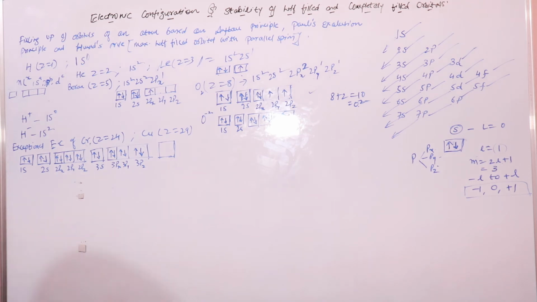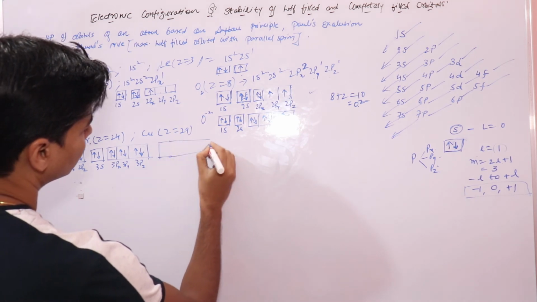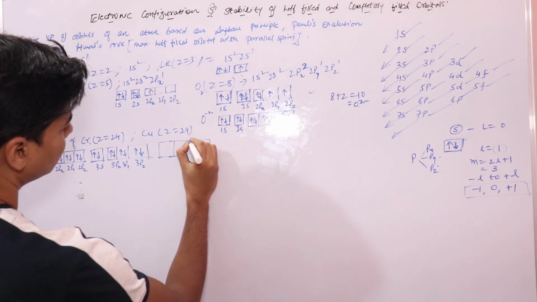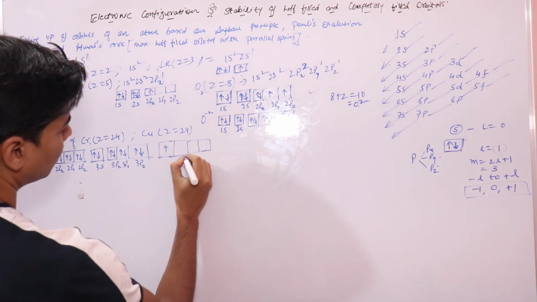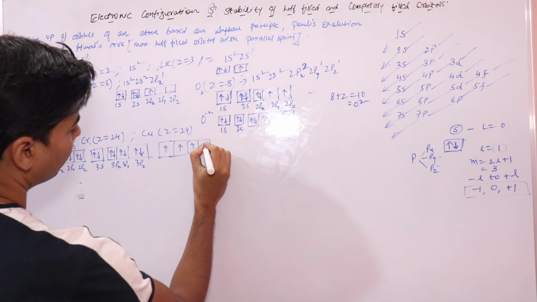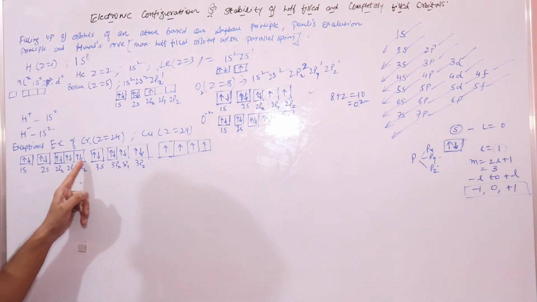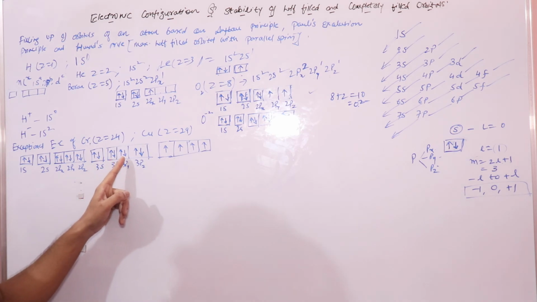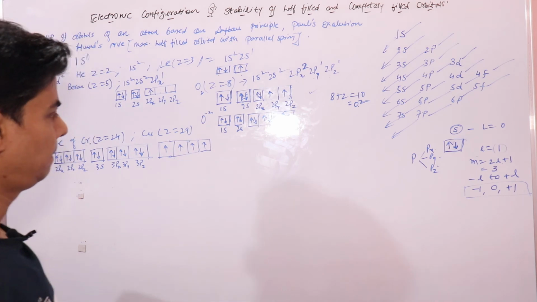You have 3d, and in 3d we can have a maximum of 10 electrons. How many electrons? 1 2 3 4 5 6 7 8 9 10 11 12 13 14 15 16 17 18, right? 19 20 21 22, right?